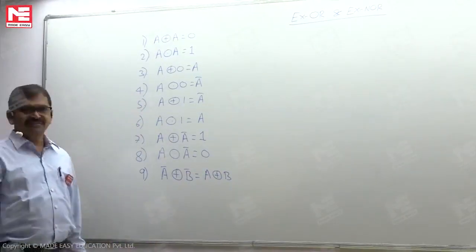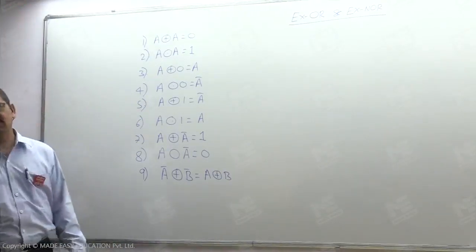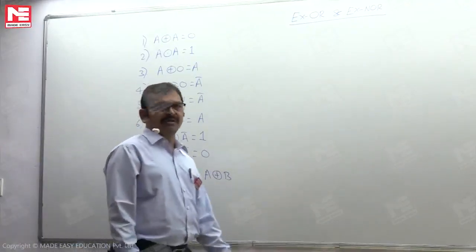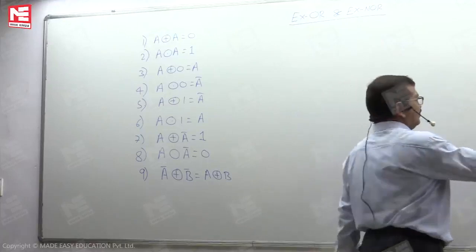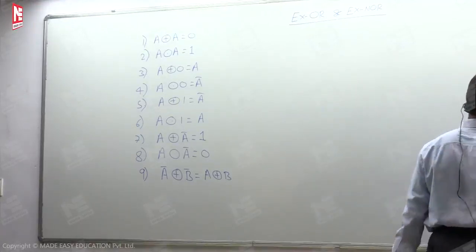To verify this, it is possible to use either Boolean algebra or the truth table. Suppose we use the Boolean algebra procedure, we are looking at the A complement exclusive OR B complement result.